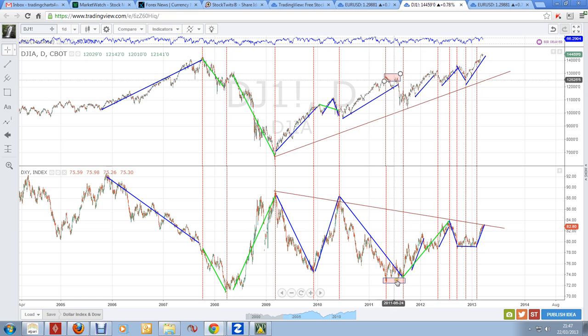But since this period here, the dollar index in the main has continued up, with the exception of this short period here, and the equity market has generally continued up with a small retracement in between.